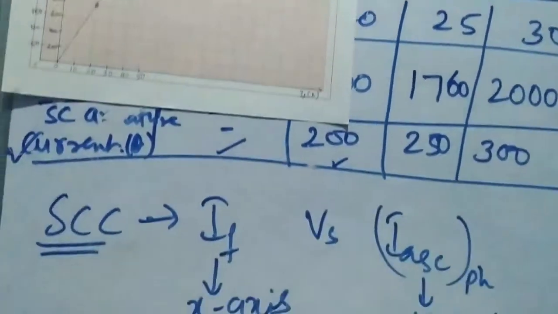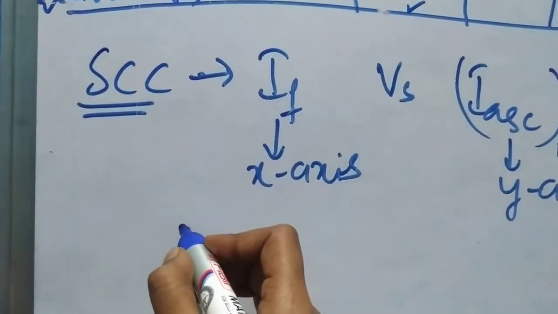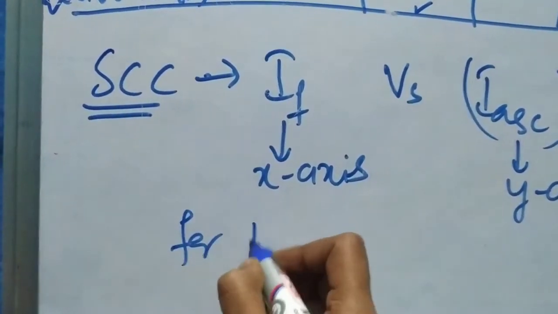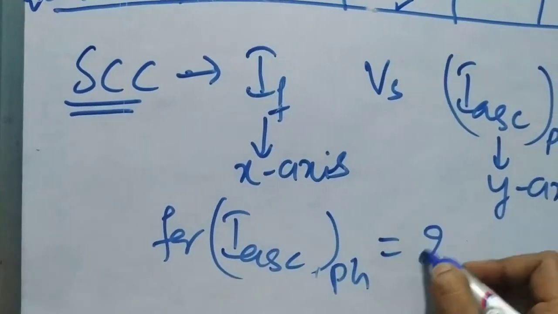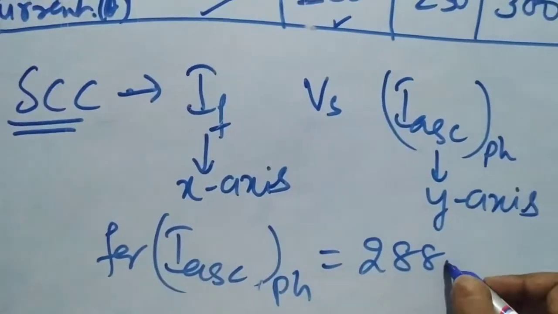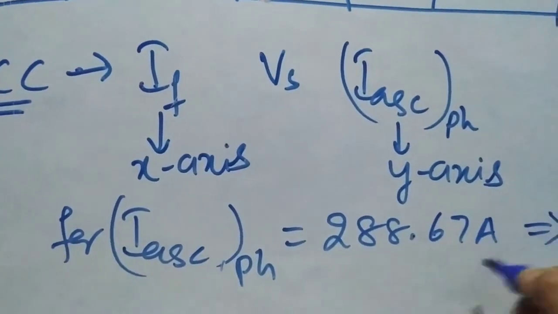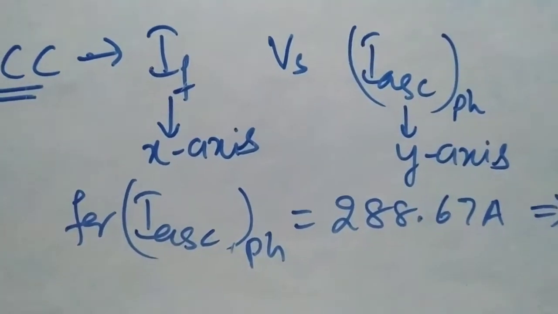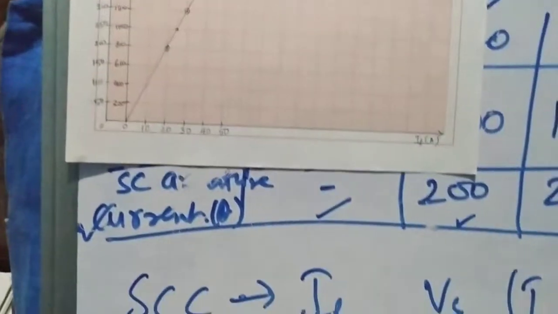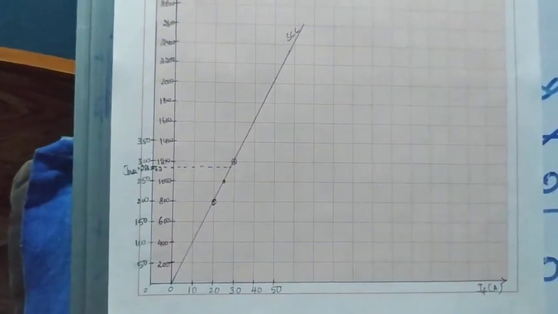Now here you can write that we have to determine the field current. Okay, so for IAC phase, we are going to take 288.67 ampere. For this corresponding IAC phase, what is the field current we have to determine? So let us mark here 288.67.